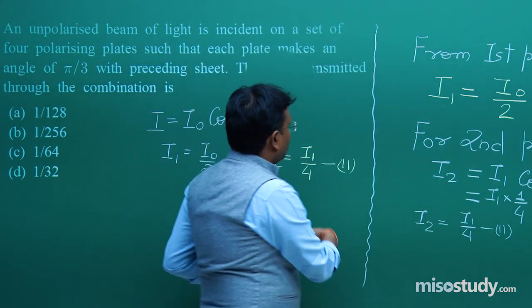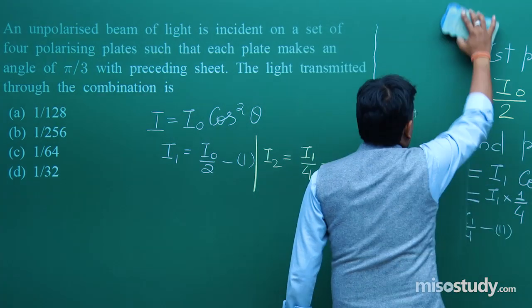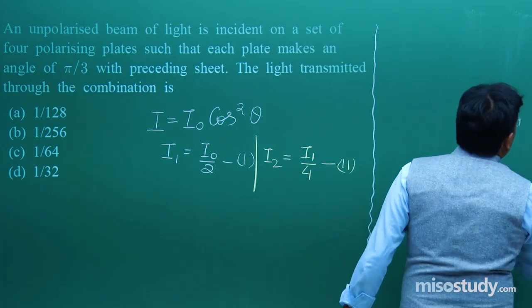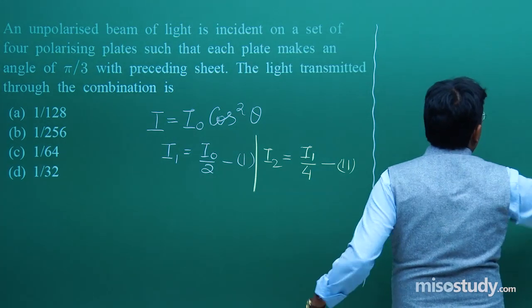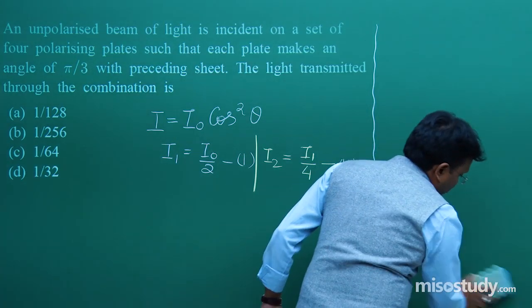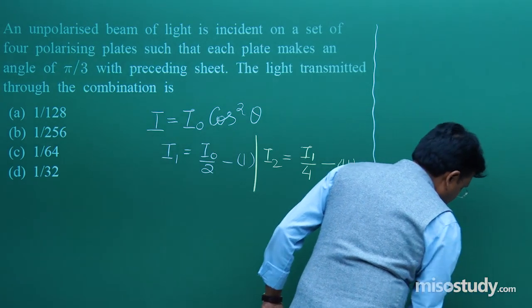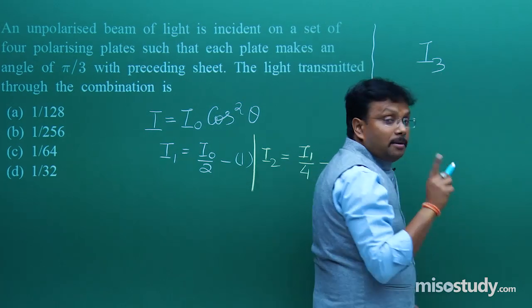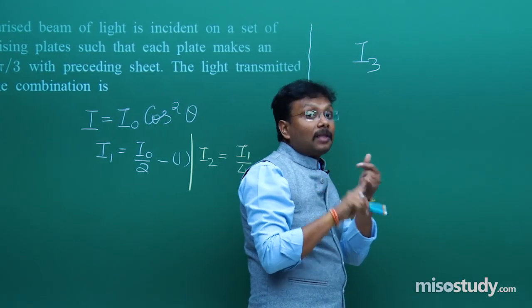Fine. Let us save it here and clean out this entire portion. Then go for the third plate, that is I3.